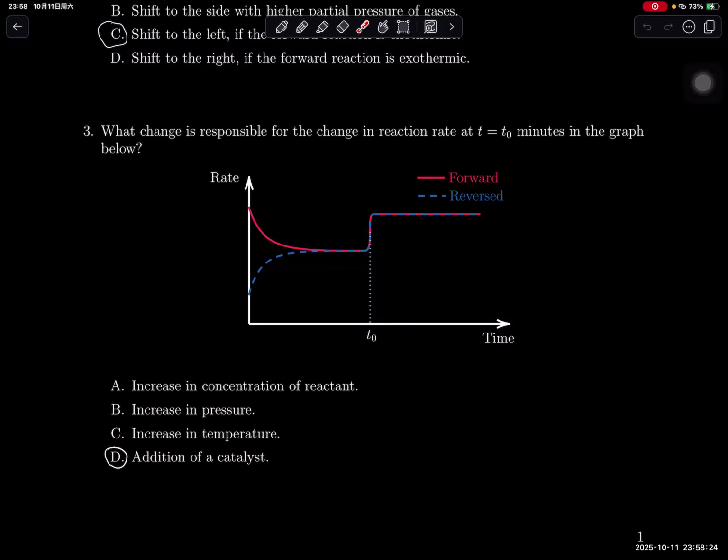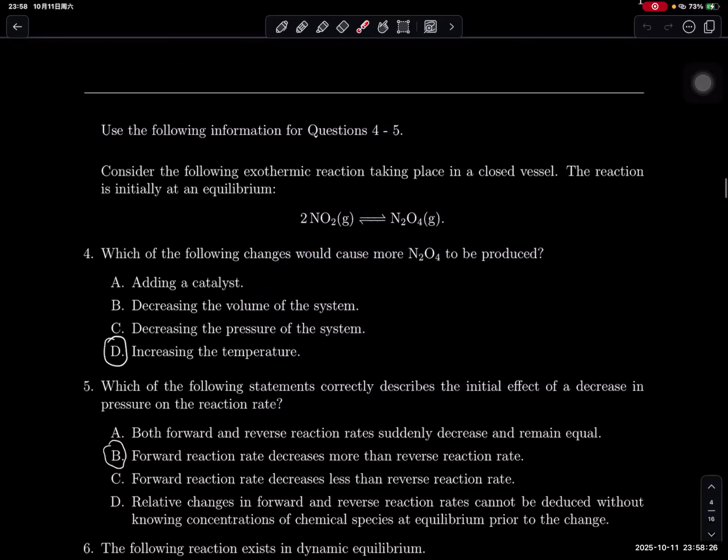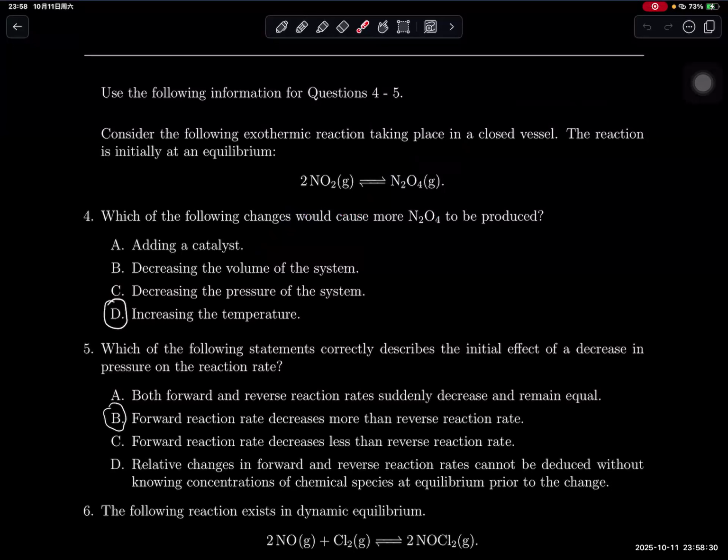Question 4 and 5. Consider the following exothermic reaction. Okay, this is the combination or synthesis reaction of nitrogen dioxide. If I recall, nitrogen dioxide gas is brown, and this reaction written in this way will be endothermic.